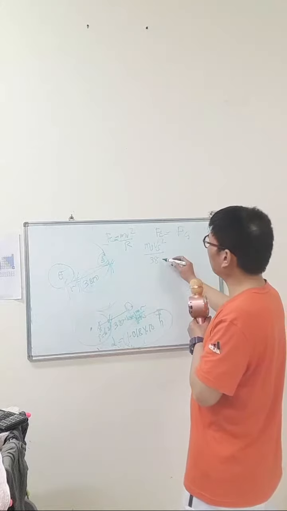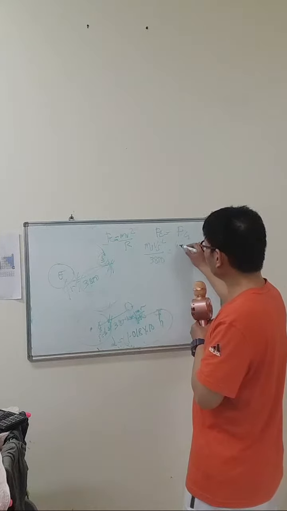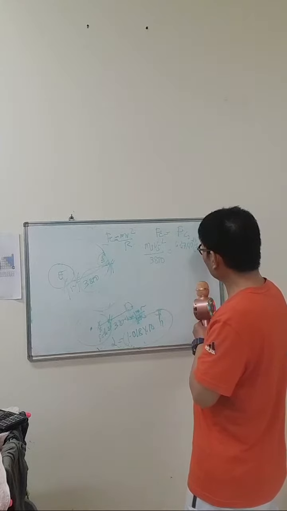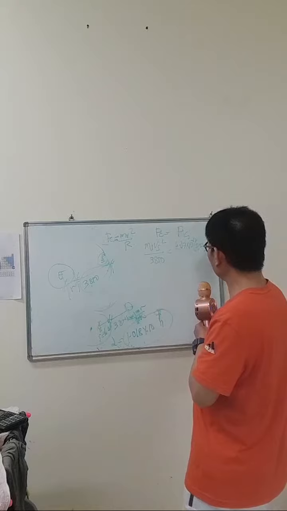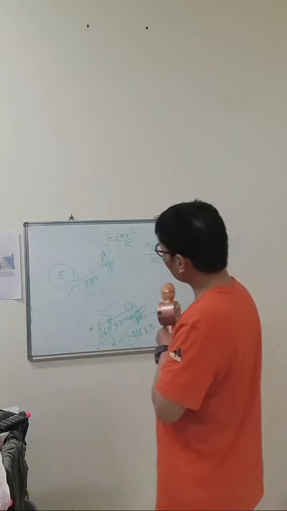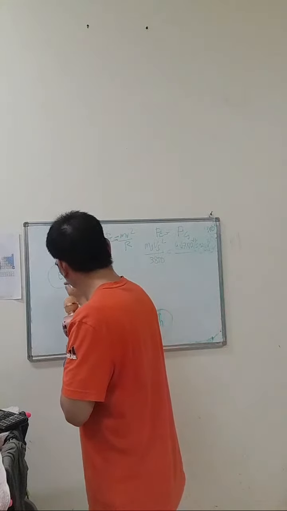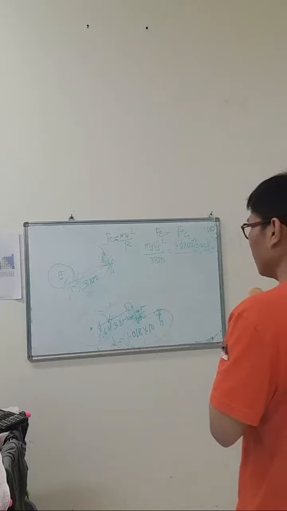Is equal to the gravitational force, which is 6.67 times 10 to the negative 11, mass of the Earth, 5.87 times 10 to the 24. And then we have the mass of the satellite also over the radius R.